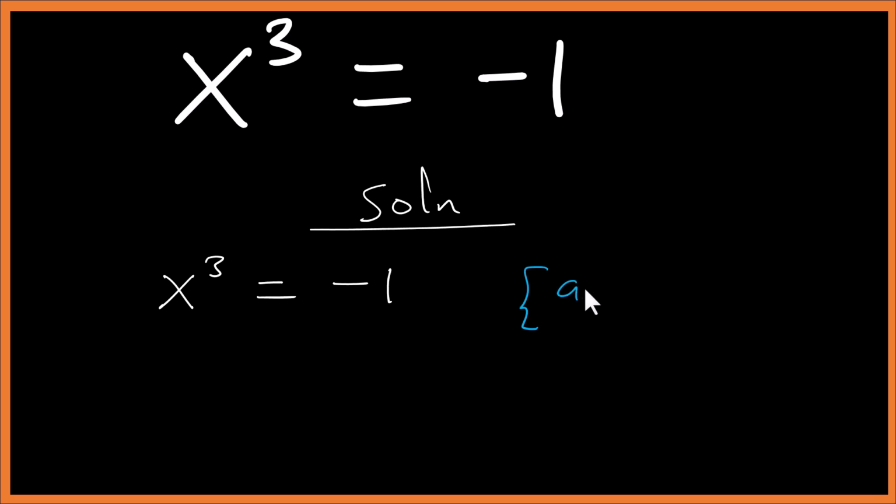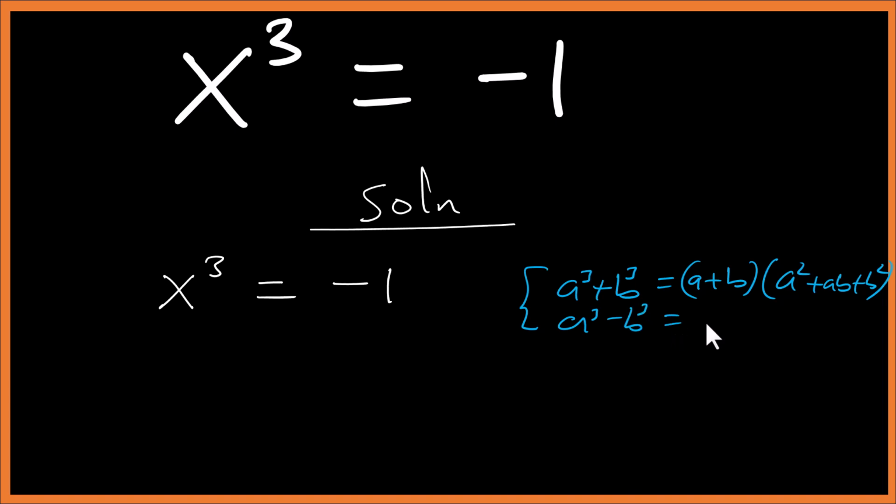Sum of cubes: when you have a cubed plus b cubed, that is the same as (a plus b)(a squared minus ab plus b squared).